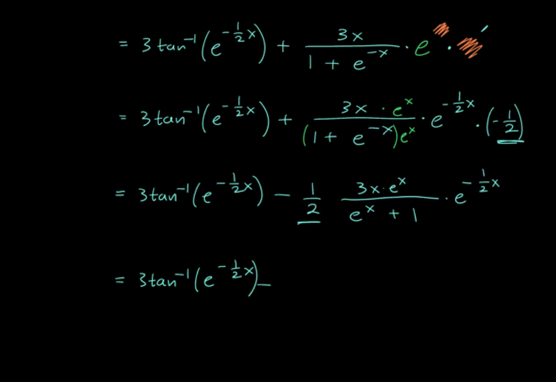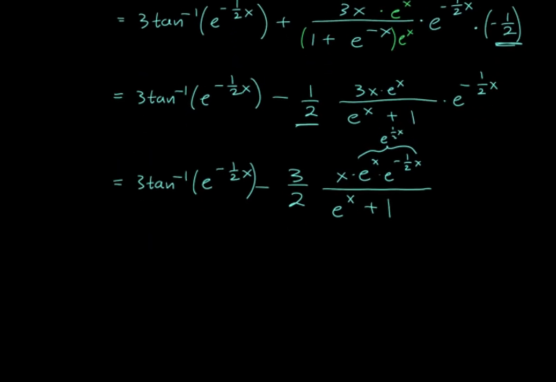And it looks like I got, or I'll do 3/2, minus 3/2 x times e to the, so I have e to the x times e to the negative 1/2 x, and that's going to simplify to e to the 1/2 x. Know your exponent rules. All divided by e to the x plus 1, and this will give me a final answer.